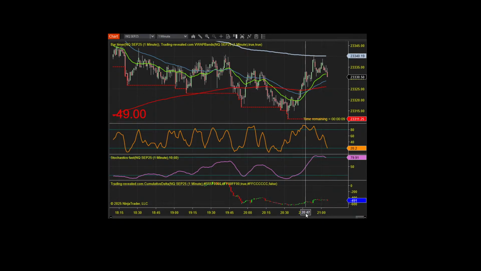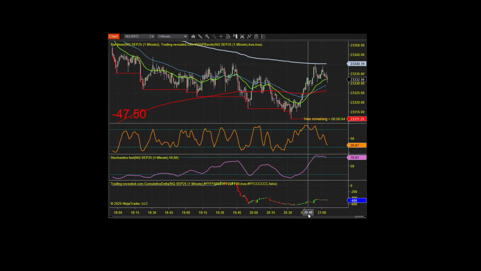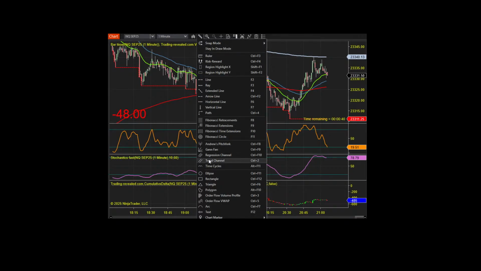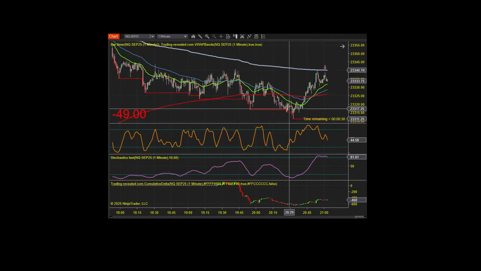Sellers kind of coming in. This would have been a good short right here. Right there.